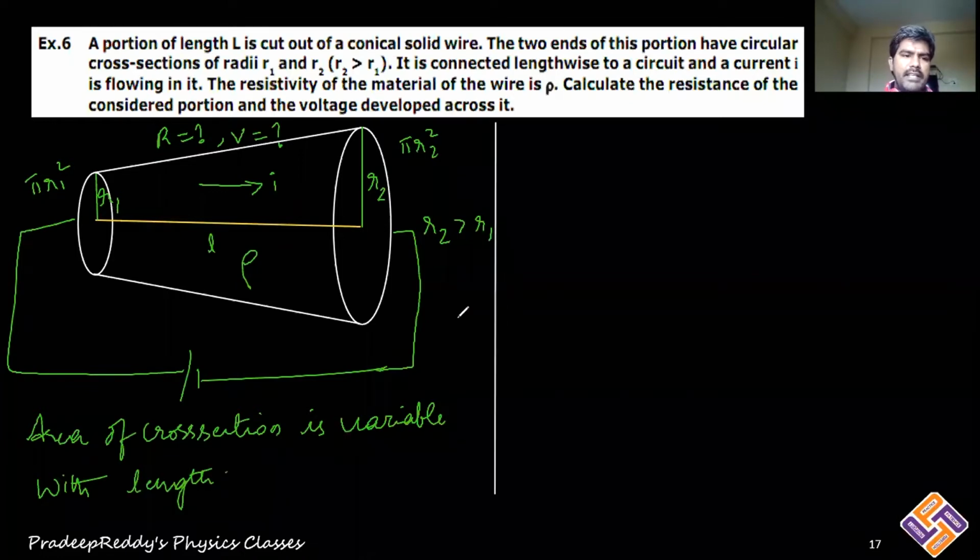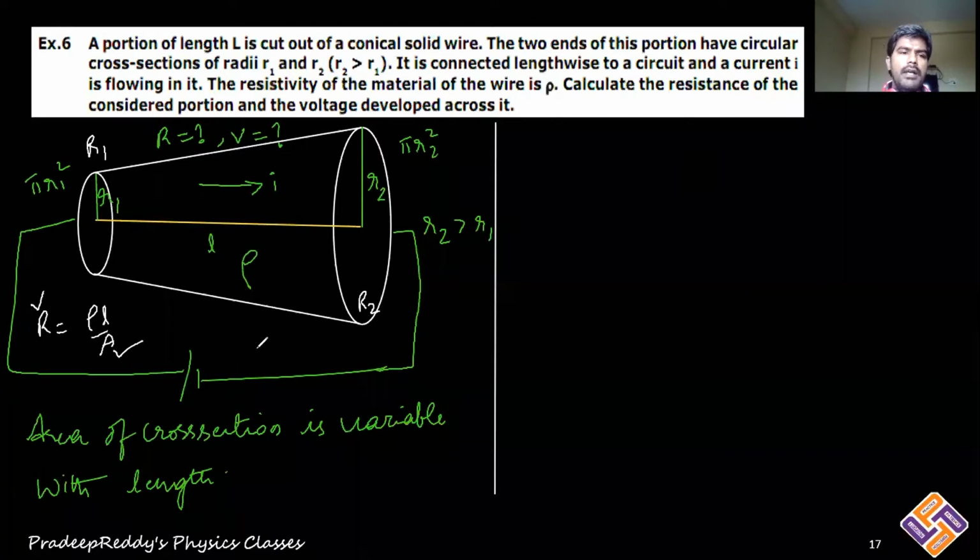Of course, we have the basic relation R is equal to rho L divided by A. But here, area of cross section is not constant. Therefore, R is also variable here. This is variable because A is variable, coming from left to right. Coming from left to right, area of cross section is increasing. As a result, resistance also increases. Therefore, resistance at this portion, if I consider R1, resistance at this portion will become R2, and somewhere in between resistance will be some other value. It is variable with respect to position.